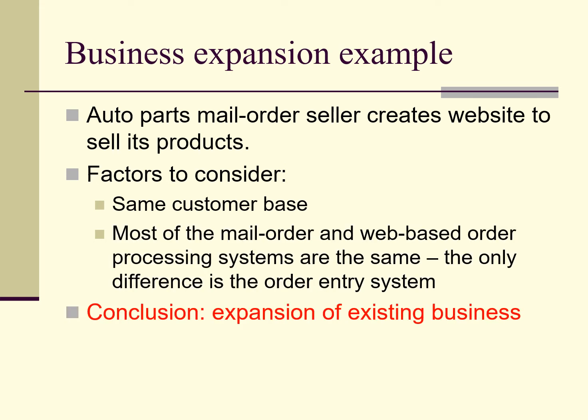Conclusion: in this example, because the taxpayer is selling the same products in a new way to the same customers, the creation of a website appears to be an expansion of the taxpayer's existing business. Therefore, Section 195 does not apply.